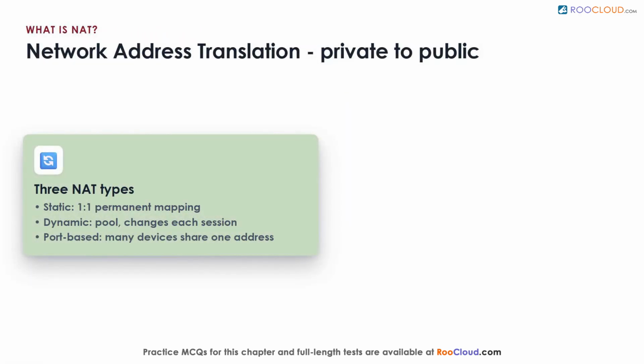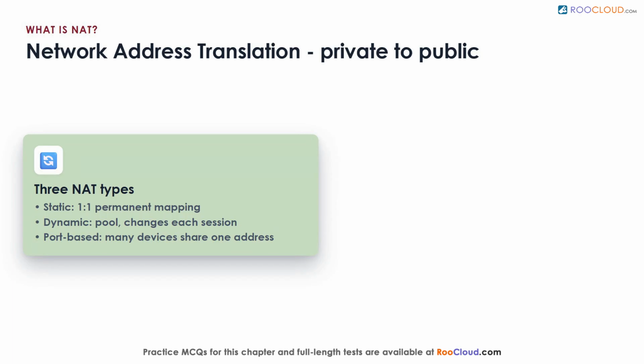So what is network address translation? It converts private, internal addresses into public ones for the internet. That lets a whole private network share public addresses without conflicts. It comes in a few forms. Static maps one internal address permanently to one external address. Dynamic draws from a pool, changing the mapping each session.